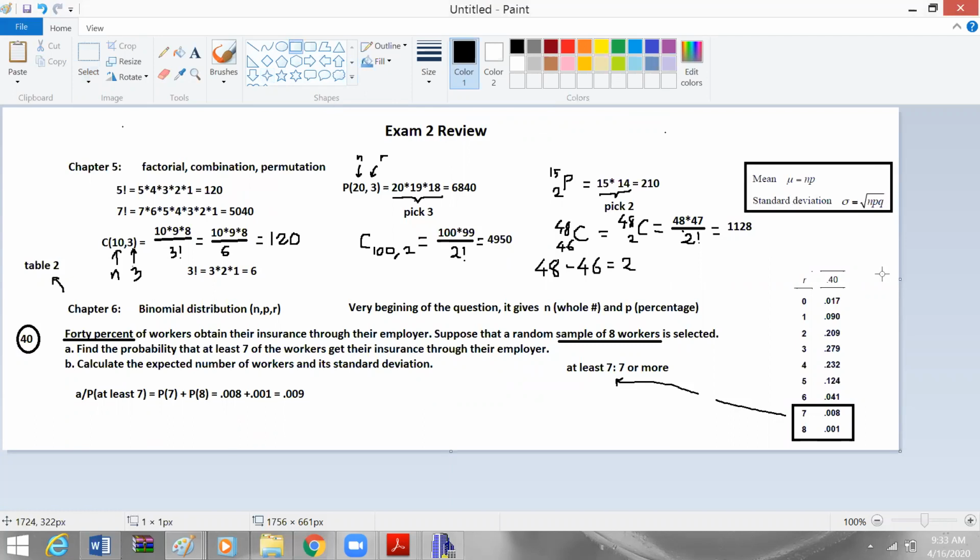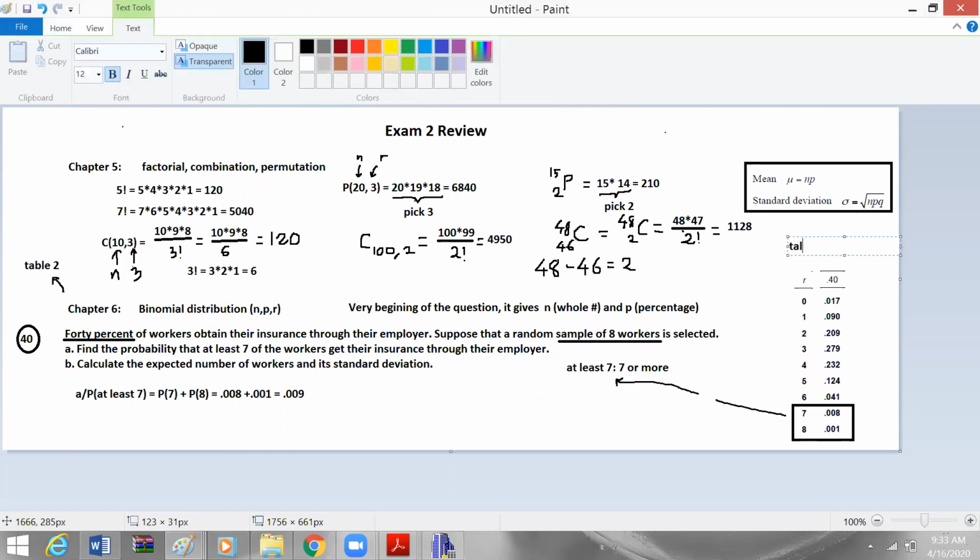Okay, so again, this is table 2. Just let me indicate that so we don't actually get it wrong. So this is table 2, and this is all chapter 6. Are we good? Yeah. So now part B of the question.